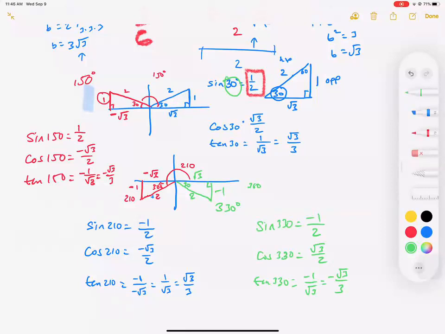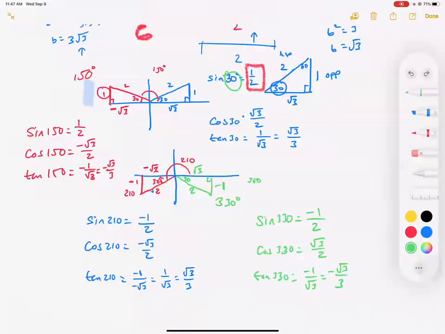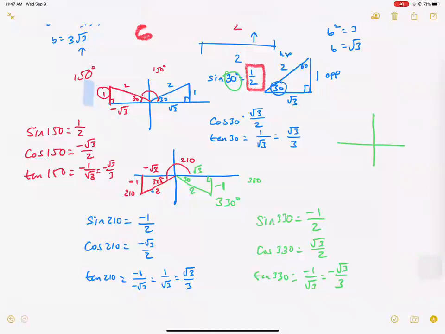So this brings us back to when we're talking about our, so we see some characteristics that we're going to draw right now. First, we have a way of seeing when sine and cosine will be positive or negative. So right now, looking here, sine is positive, cosine is positive, tangent is positive.